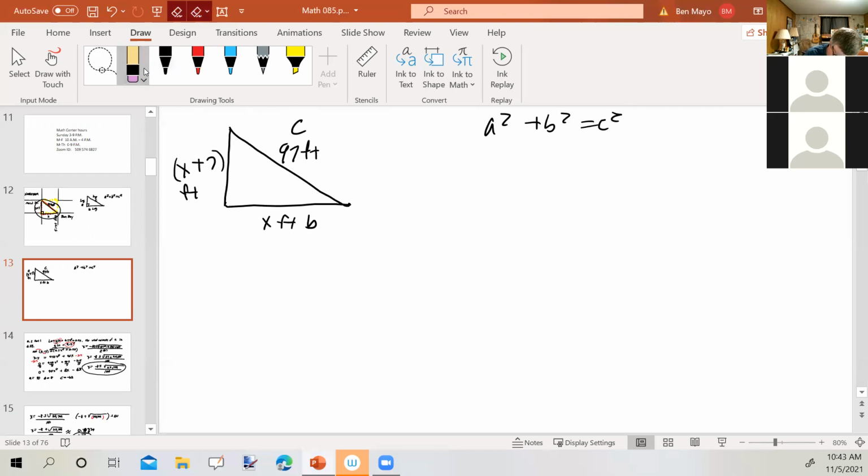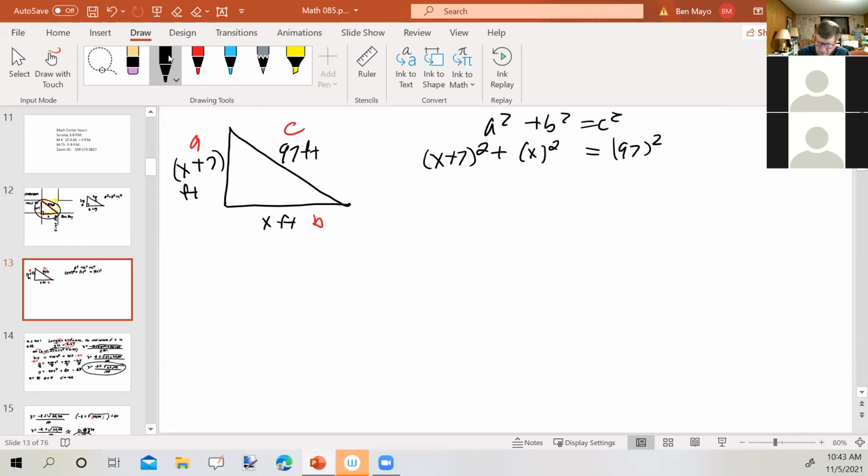In fact, let's label those in red. So this is c, a, and b. So we get the following equation. X plus 7, that's a, squared plus x, that's b, squared equals 97, that's c, squared, okay?